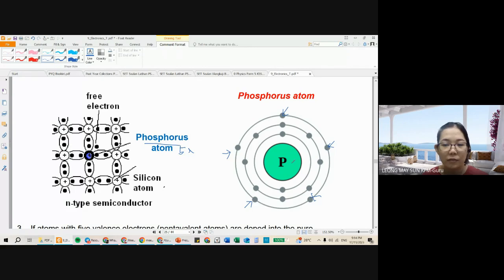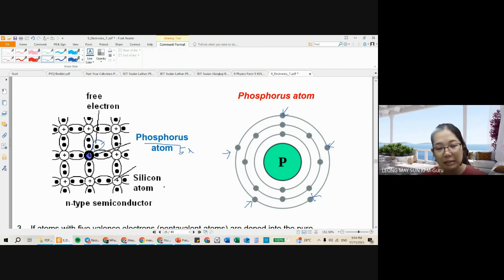When we put a phosphorus atom inside the silicon, silicon has 4 covalent bonds but phosphorus has 5 electrons. So 4 of the valence electrons will be covalently bonded with the other silicon atoms, but there is a fifth electron that is not bonded by any covalent bond.